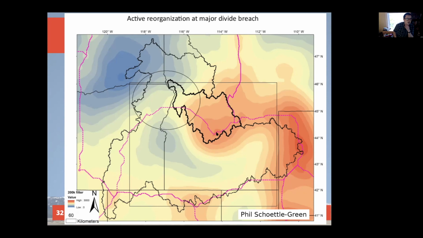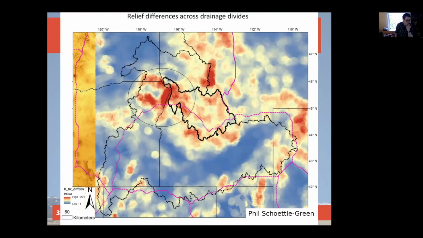And when we look at other indicators of the rate of migration of drainage divides, including this one, which is the difference in topographic relief across drainage divides, we see differences in topographic relief across these ridges themselves, so from one side of the ridge to the other. But in the valleys that separate the ridges, we really don't see very much, if any, of what would indicate instability in this ridge location.